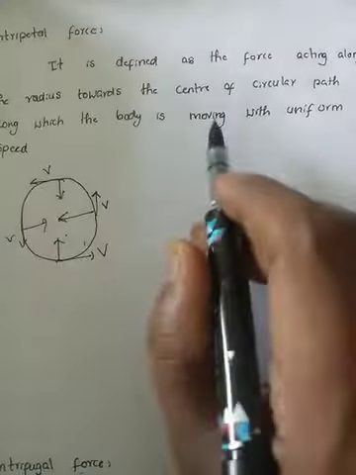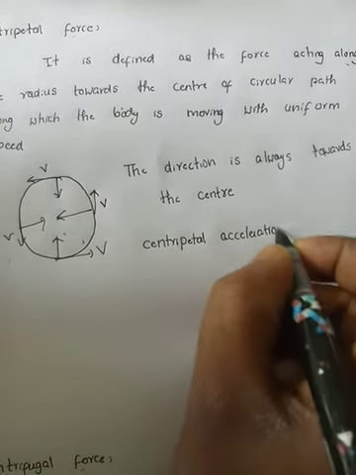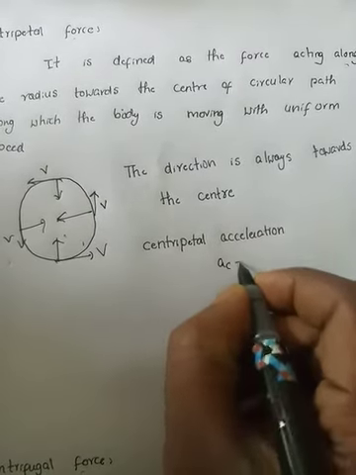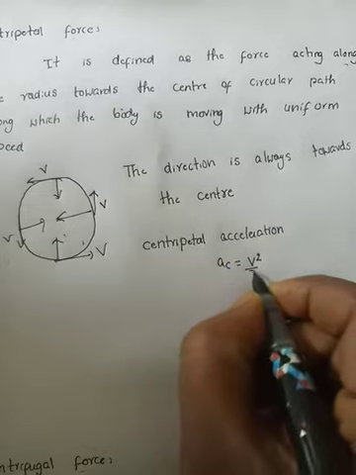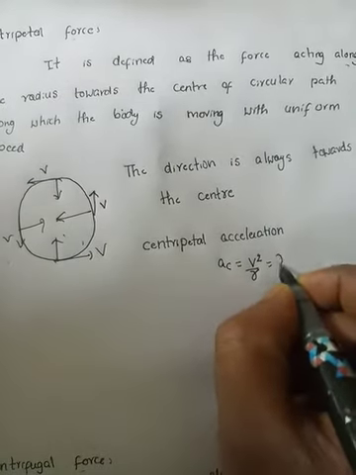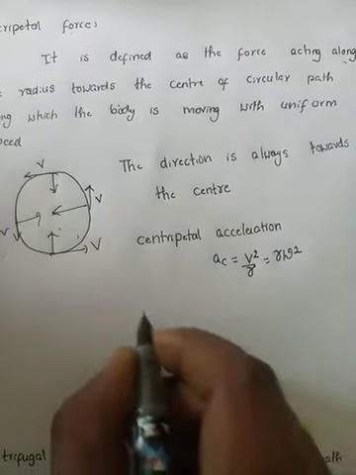First, what is the formula for the centripetal force? In the previous chapter, we already derived an expression for centripetal acceleration, right? What is centripetal acceleration? a_c is equal to v squared by r, or r omega squared.